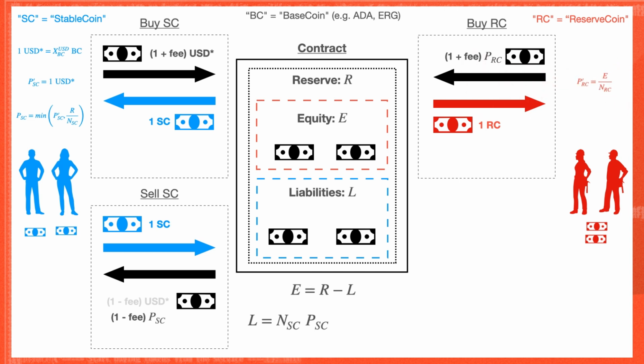And now, how many base coins do they have to send to the contract? That's determined by the price of the reserve coin, which is usually the current equity divided by the current number of reserve coins in circulation. So this is similar to what in the traditional financial world is known as book value per share.